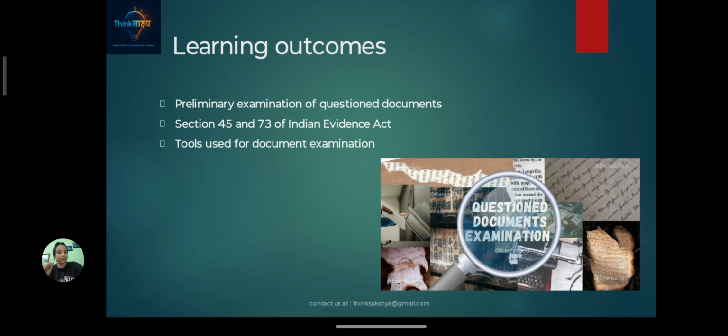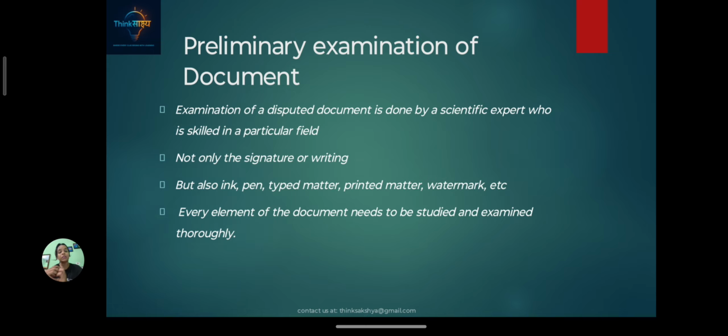Now, let's begin. First of all, for the preliminary examination of a document, we must know that a document which is under question is a disputed document and it is very critical. So there is a need of proper scientific investigation for this purpose, and a non-scientific person cannot achieve it properly and authentically.